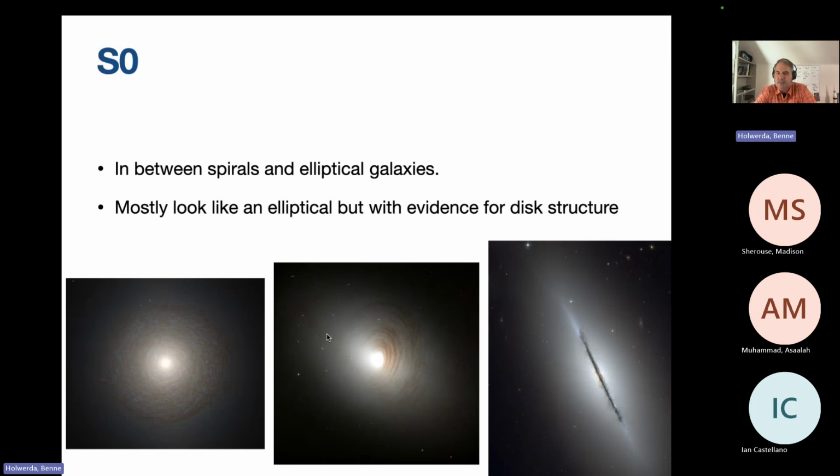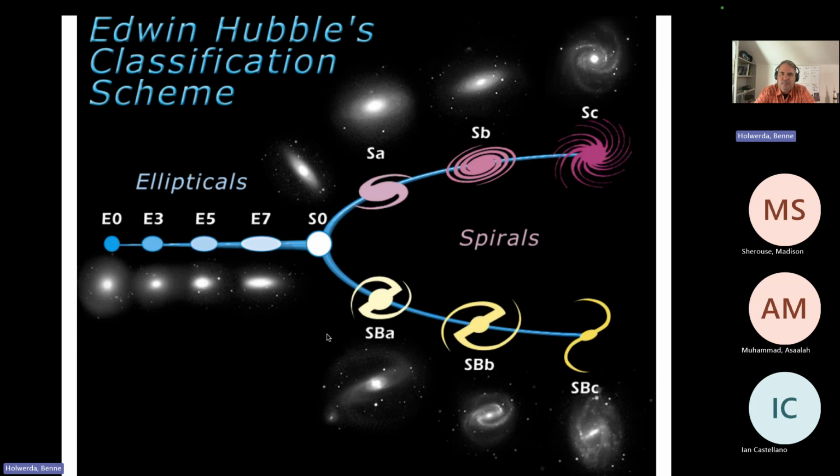And so the idea was, well, they're either spiral galaxies that sort of died out forming new stars, and there's a little bit of disk left, or they're an elliptical that still has a bit of a disk left somehow. So if you make a new elliptical, and it gets more gas, for example, then you could make a tiny disk. So that's sort of the in-between classification.